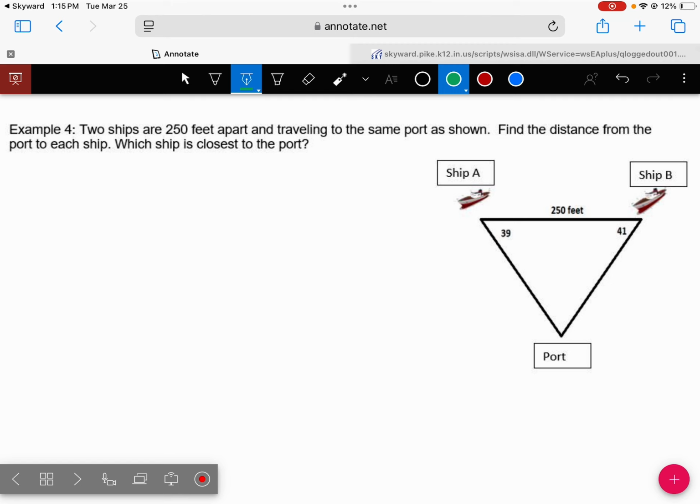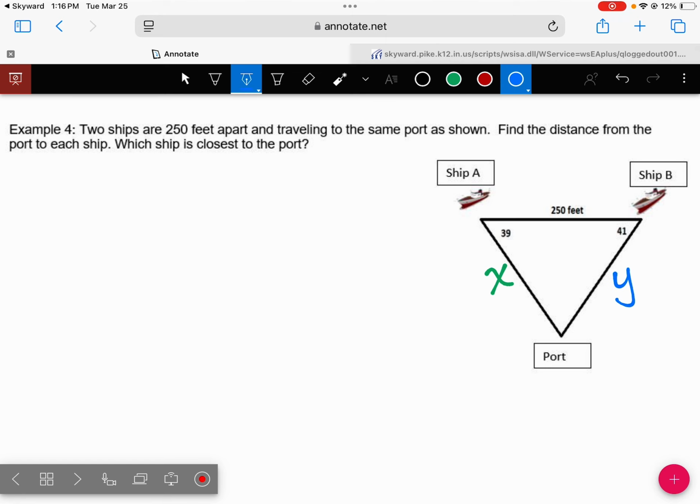We have 2 ships that are 250 feet apart, traveling to the same port. We need to find the distance to the port for each ship. So I'm going to call this side X and put a Y here.